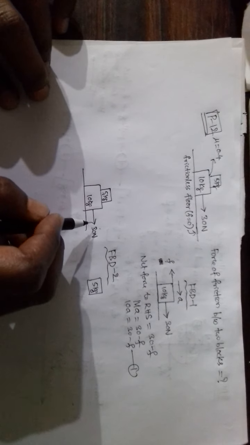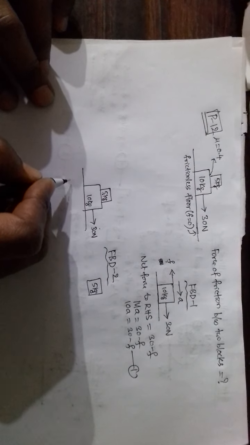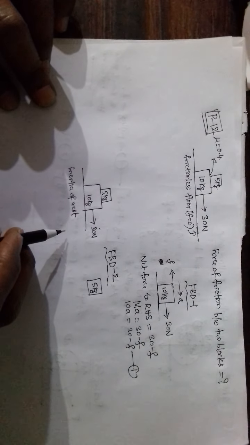When the bus velocity increases, when it accelerates, we move backward, and that is called, what is that called? Inertia of rest. This 5 kg is at rest.